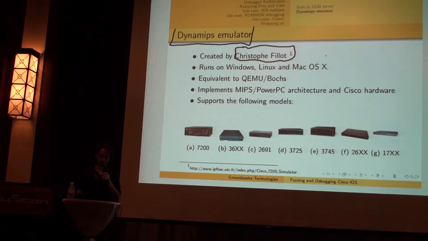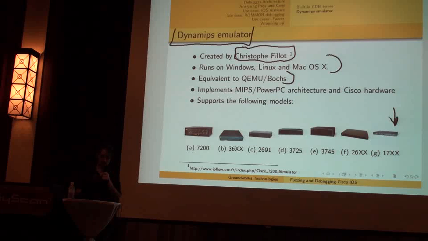So it's great because you don't need a physical device. It will run on every operating system. It actually has a just-in-time compiler, so it's not really slow, it's actually quite fast. In some cases, it's actually faster than a real device. So, for example, this is one of the cheapest routers from Cisco. You can actually run it much faster than a real router on your computer.